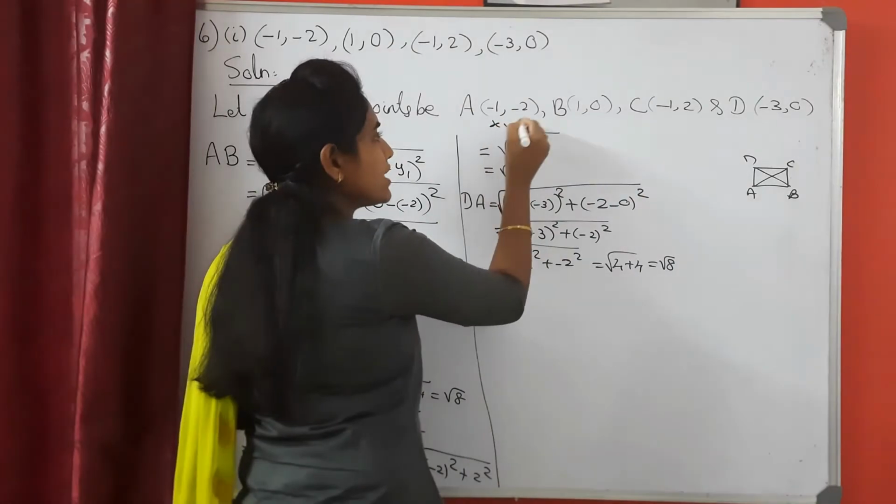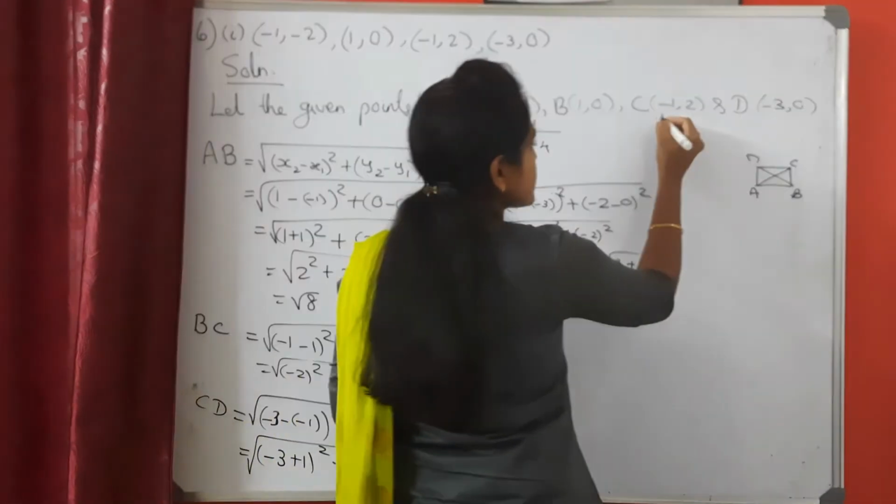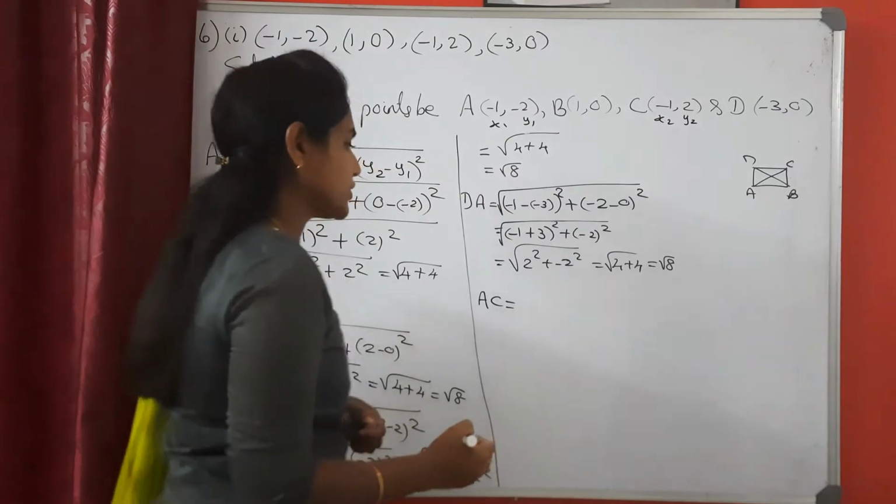Now this is the x1 value, this is the y1 value, and C. This is the x2 value and this is the y2 value.